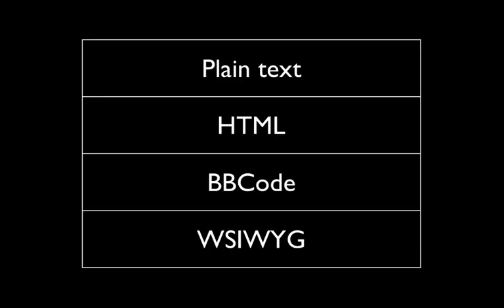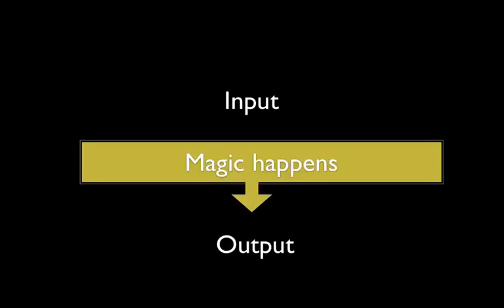So when it comes down to it, I'm just going to stop here, but there are lots of other situations that you'll run into where people will enter things that you weren't expecting. Maybe because they haven't had training, or they're pasting something from Microsoft Word. So text is complicated. It's not as simple as just assuming that everybody's putting in plain text. So we've talked about plain text, HTML, BB code, and WYSIWYG editors so far.